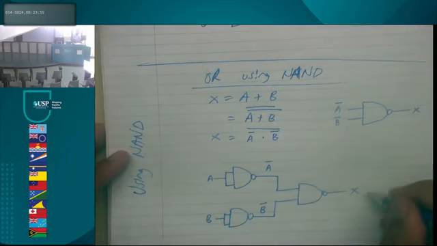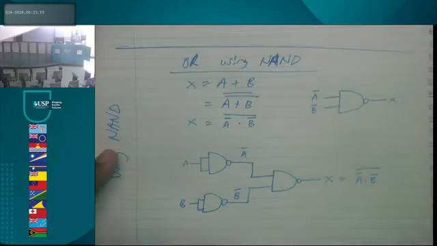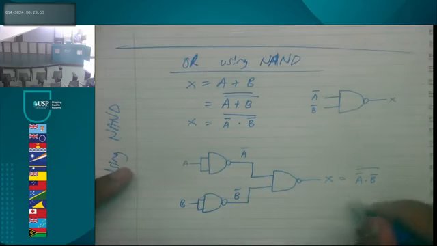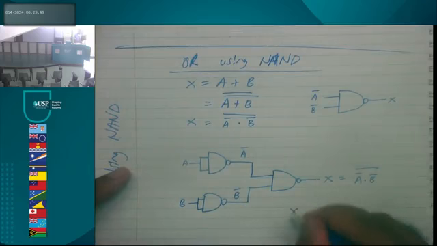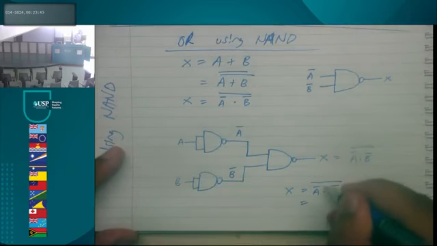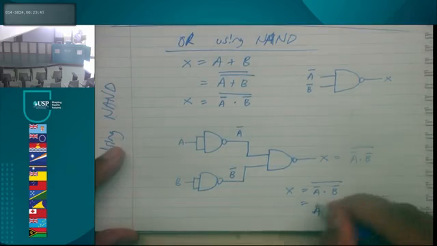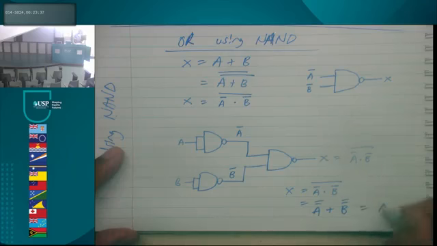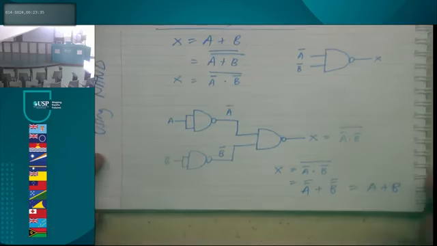Actually X in this case is A bar NAND with B bar, which is the same as, if you want to further expand that, A bar NAND with B bar, whole thing barred. You break the bar on the top and you change the sign. If you break the bar, that becomes double bar. So it's A or B.